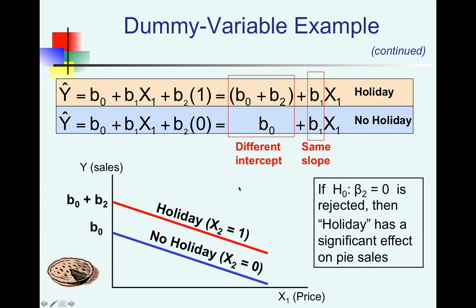So we put that into the model, and it looks like this. When x2 is equal to 1, in other words there is a holiday, we get our usual formula, b0 plus b1x1 plus b2. Now I'm just looking at price and holiday versus no holiday.